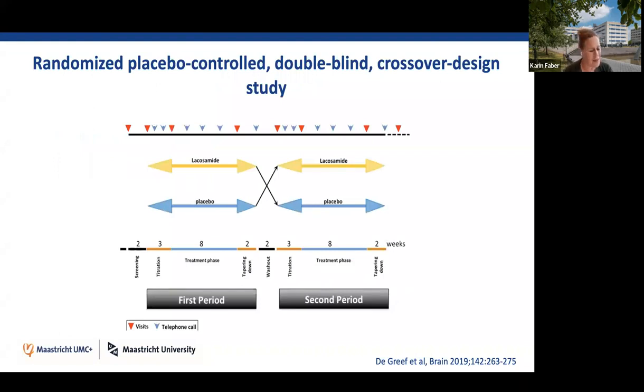Therefore, we decided to perform a randomized, placebo-controlled, double-blind, crossover design study in patients with small fiber neuropathy related to NaV1.7 mutations.